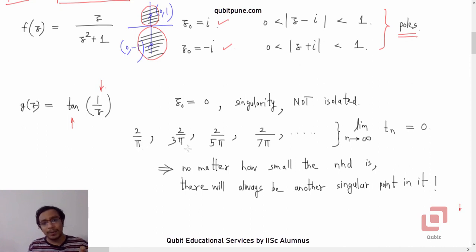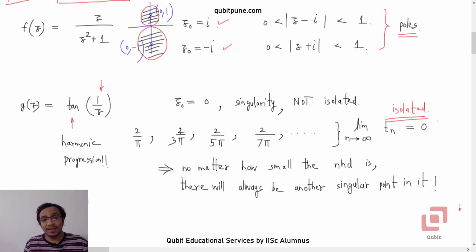Now 2 by pi, 2 by 3 pi, 2 by 5 pi, 2 by 7 pi, this is a sequence. In fact, it is a harmonic progression. These are isolated singularities because the difference between them is always non-zero.